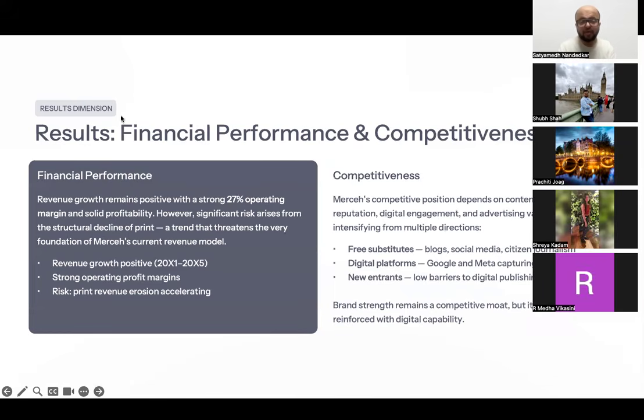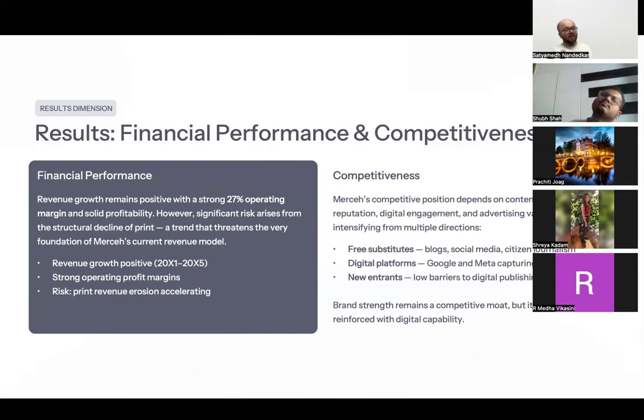Okay. When it comes to financial performance and competitiveness, revenue growth remains positive with a strong 27% operating margin and solid profitability. A significant risk arises from the structural decline of print, a trend that threatens the very foundation of Mersey's current revenue model. The company has in the past relied on print media, and with those revenues declining, that might have a long-term impact on the financial performance.